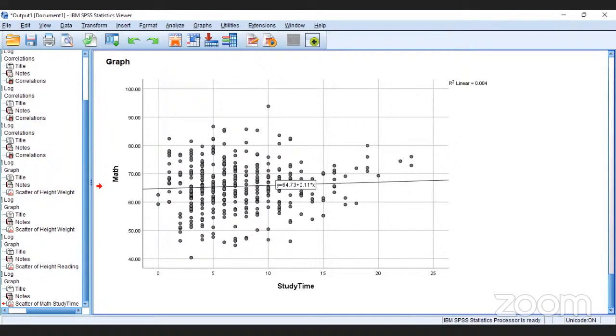But the relationship is very weak and insignificant, right? The more tilted the line is, the stronger the relationship. It can be negative or positive. You get that? If the line is just flat, that's the possibility. So what are we saying? You can go and explore other possibilities.